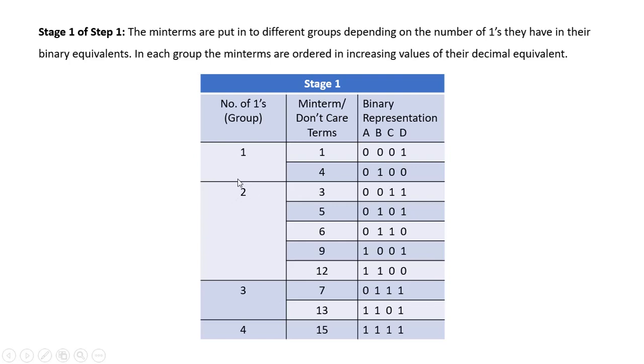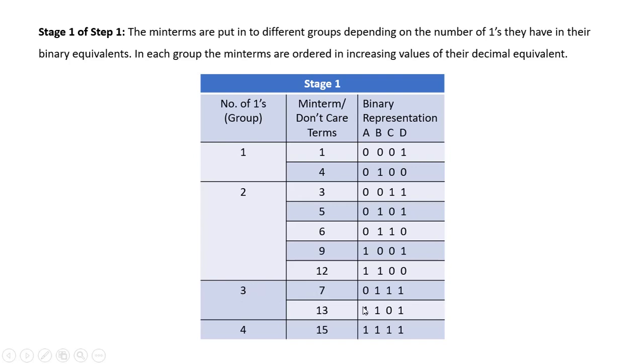Then we will move on to the next group, n plus 1, the second group with the number of ones as 2. So 3 has 2 ones, 5 is 0101, 2 ones, 6 is 0110, 2 ones, 9 is 1001, 2 ones, 12 is 1100. Now coming to the group in which we have 3 ones.